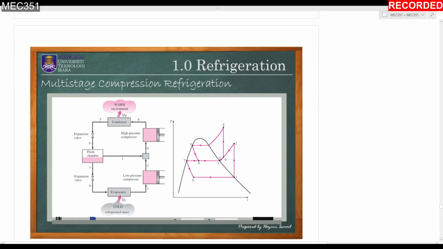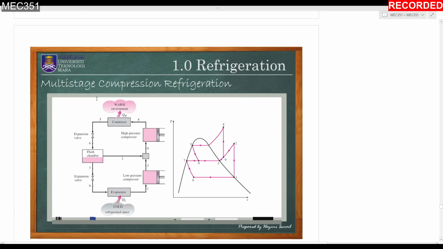It is different compared to the cascade cycle, because in the cascade we use an entirely separate system between the upper and the lower cycle, but the multi-stage integrates all the system using only one type, or the same type, of refrigerant.